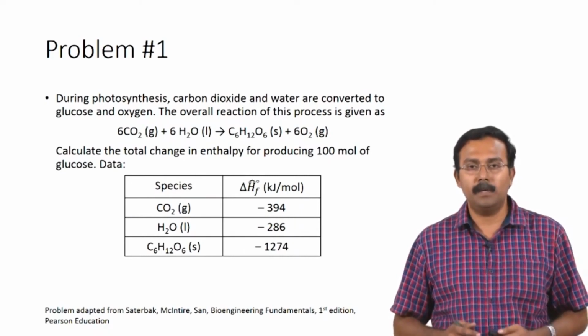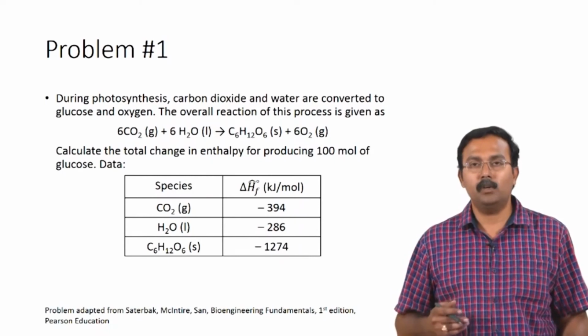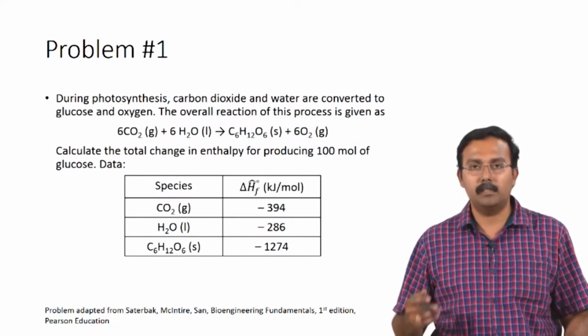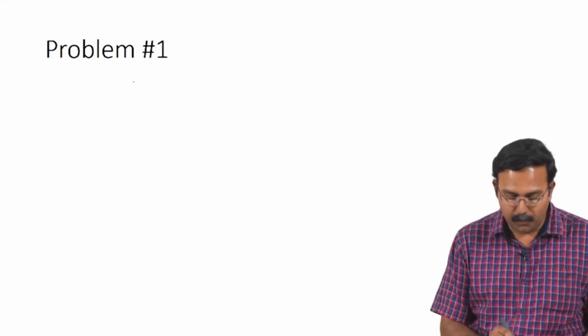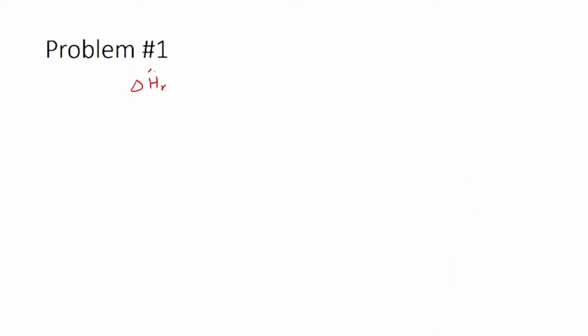Let us look at the heat of formation components and let us try to apply the equation which is built on Hess's law. So, the equation for heat of reaction would be sigma of products nu_i delta H_f,i, where H_f is the heat of formation and nu_i is the stoichiometric coefficient, minus sigma of reactants nu_i delta H_f,i.